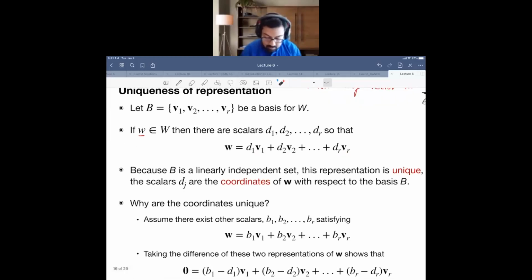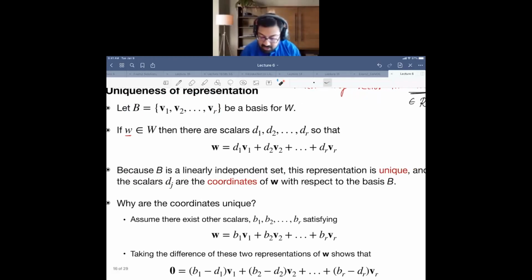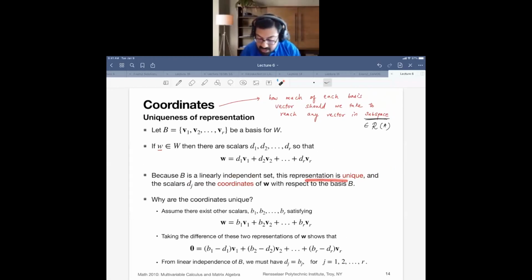So that's stated over here. Because B is a linearly independent set, this representation is going to be unique. You can only take that d1 amount of v1, that d2 amount of v2, and get to w. There are no other ways of getting to the same w.